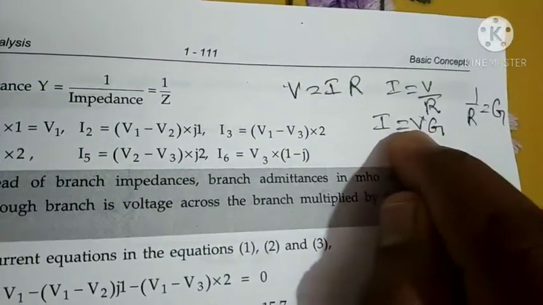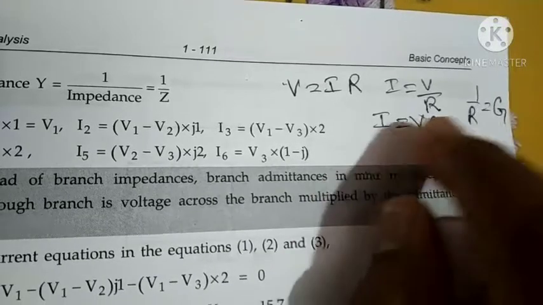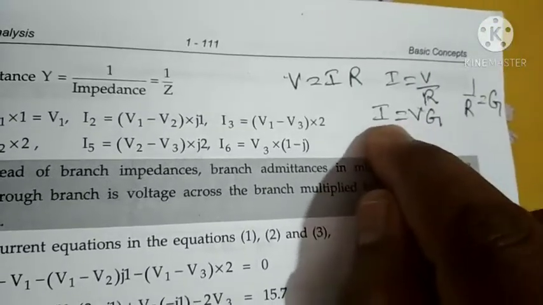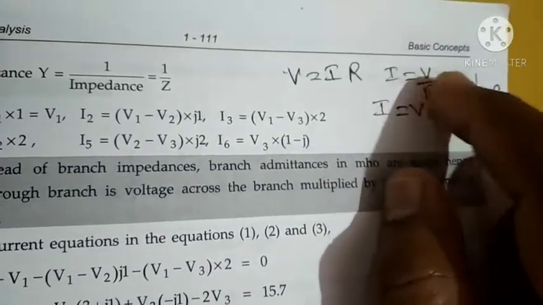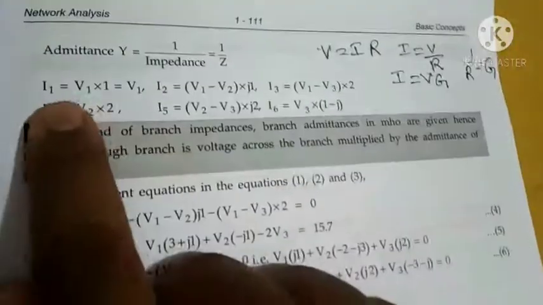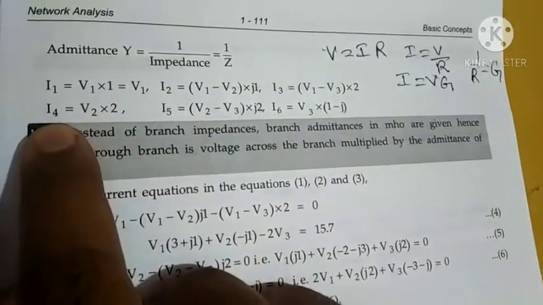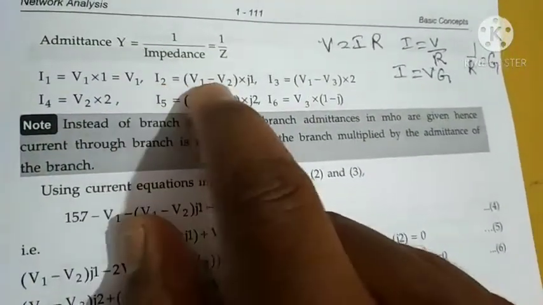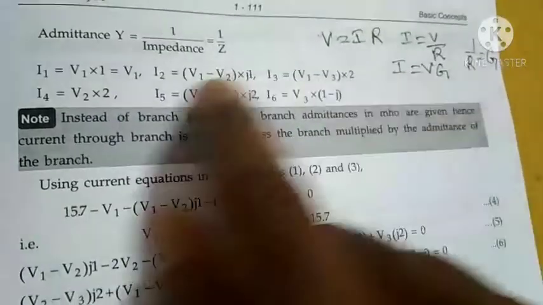Conductances multiplied with voltage will give the current. See, I1 is V1 into 1, I4 is V2 into 2, I2 is V1 minus V2 into j1, like this.